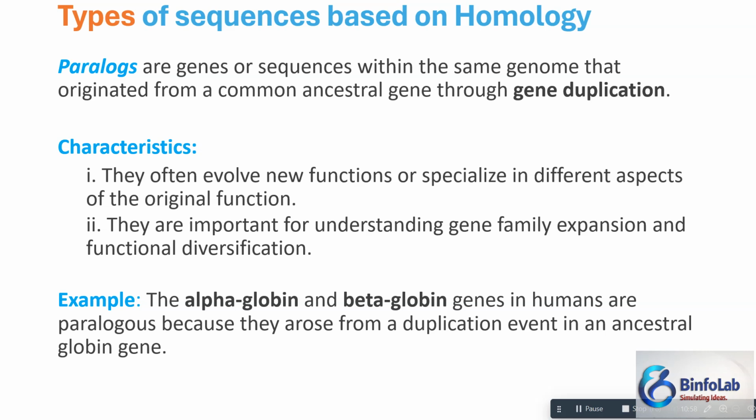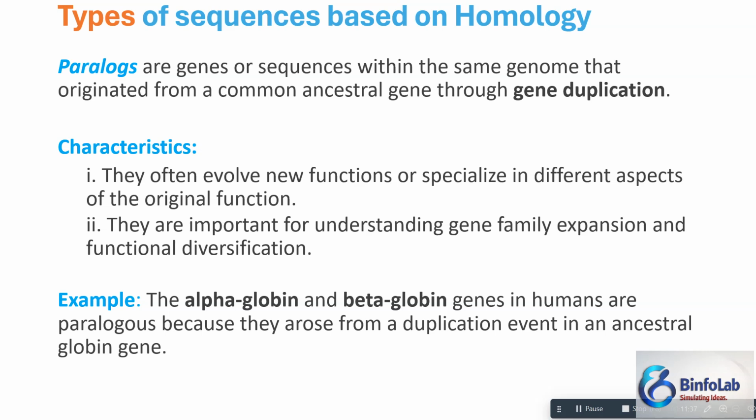Sometimes a gene is duplicated, and with the passage of time the same genome contains two copies of the gene, and the function adjusts, and then we see two similar genes in the same genome.